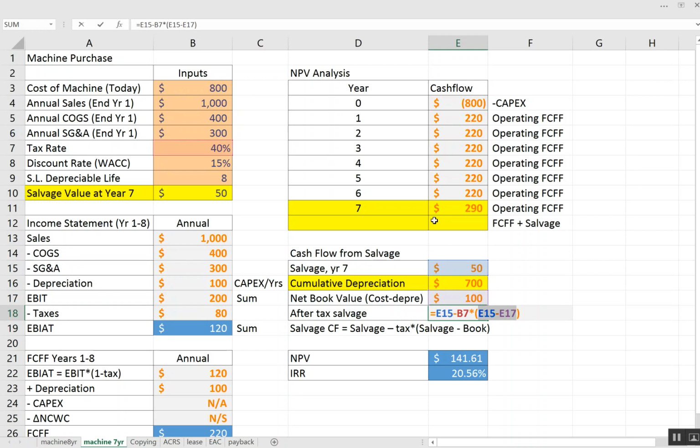Because I'm selling it for 50 and the book value is 100. So that's going to create a tax shield. That $50 loss is going to mean I'm going to pay $20 less tax elsewhere in the company. So even though I only received 50 when I sold it, I'm picking up a tax shield of 20. So the after-tax salvage is actually 70. I'll add that to my final cash flow, and you can see the NPV and IRR of this investment.